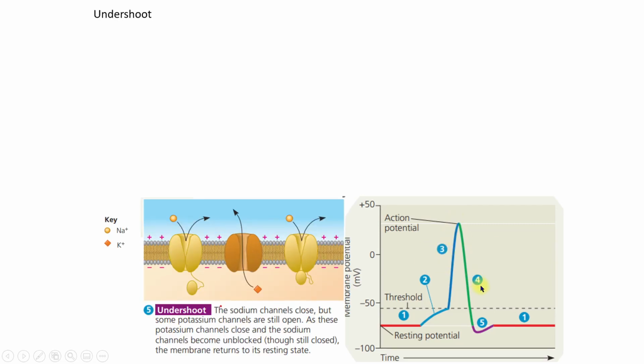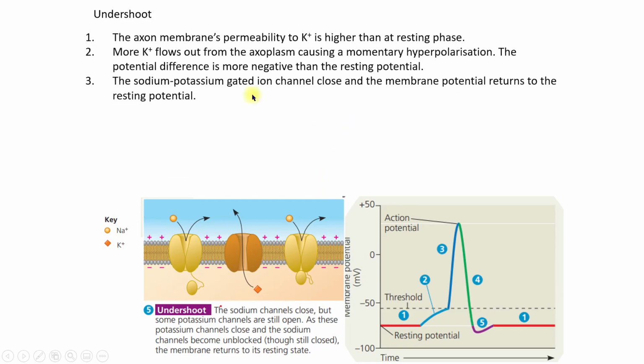Now, the fifth stage is known as undershoot. So what happens in undershoot? The axon membrane's permeability to potassium ions is higher than at the resting phase. This was the resting phase, and this is the undershoot. More potassium ions will flow out from the exoplasm, causing a momentary hyperpolarization.